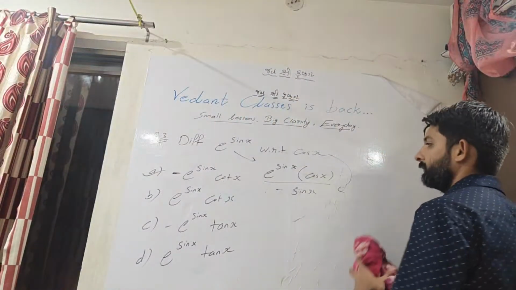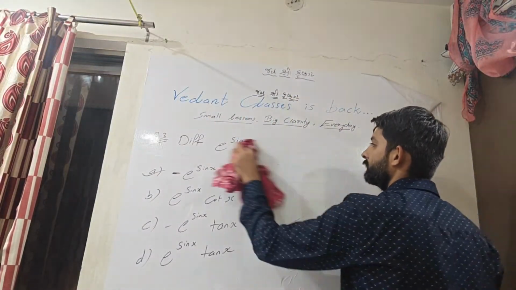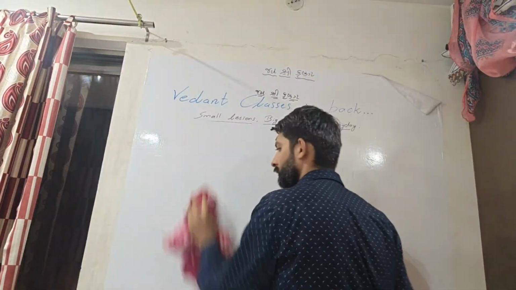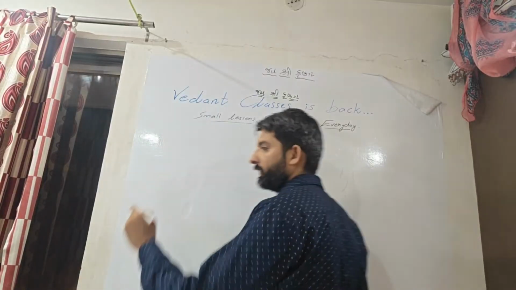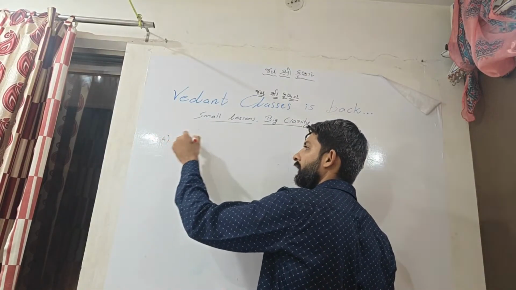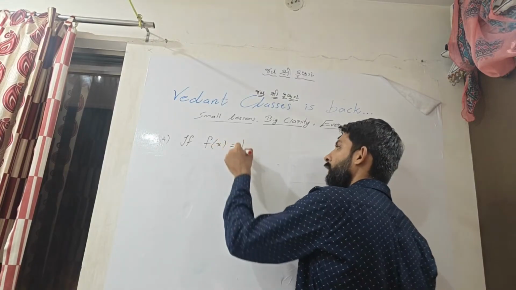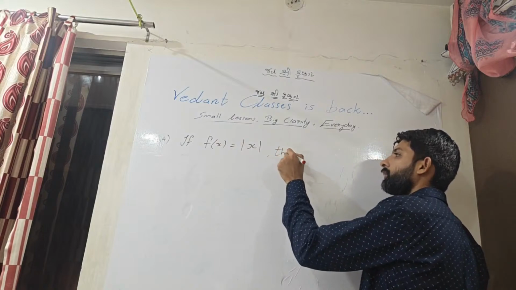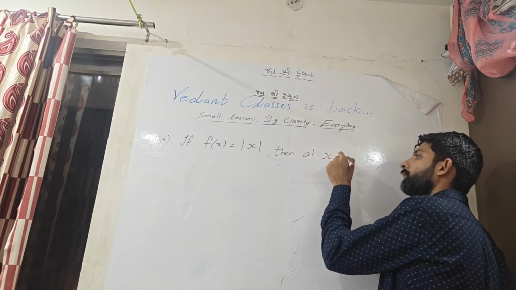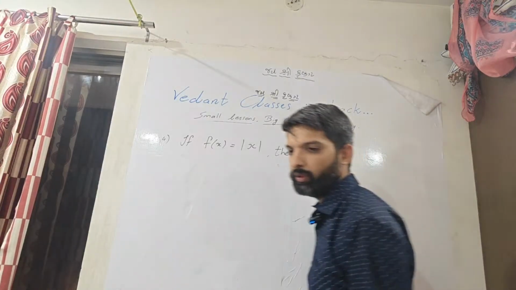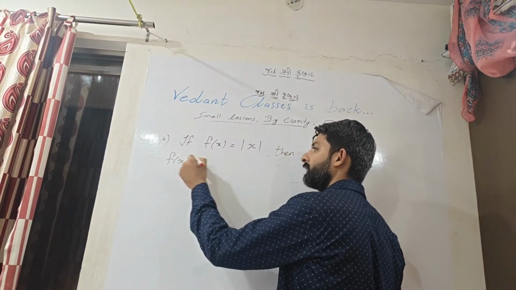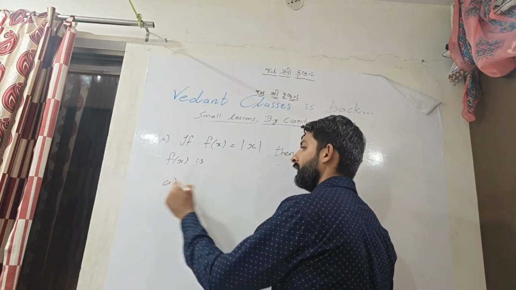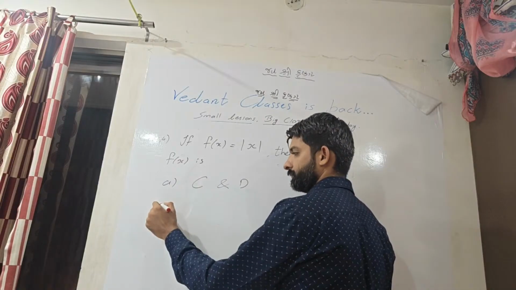Let's solve the next one. If f of x is equal to mod x, then at x equal to 0, f of x is, I am writing in short form: Option A, continuous and differentiable.